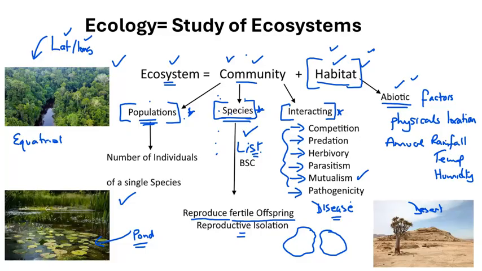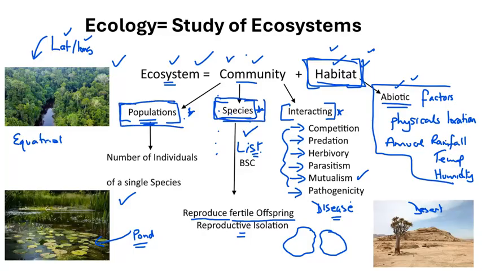Some species interact with each other in a beneficial way, and we would call that mutualism. Pathogenicity is where some organisms have the capacity to cause disease. So these are different ways in which organisms can interact with each other.